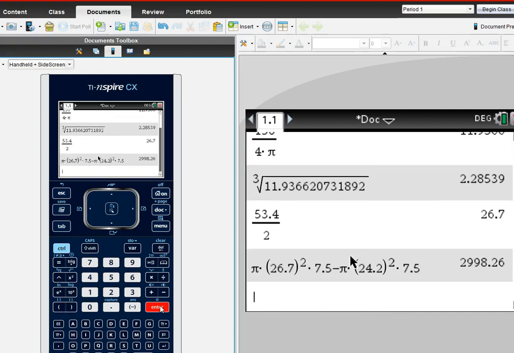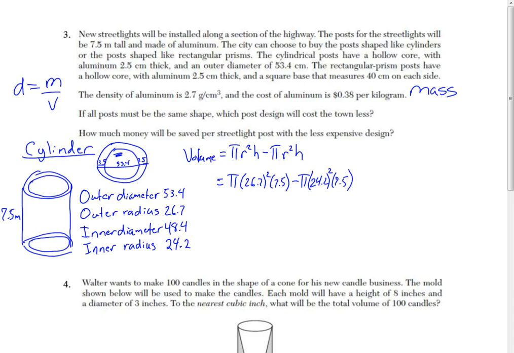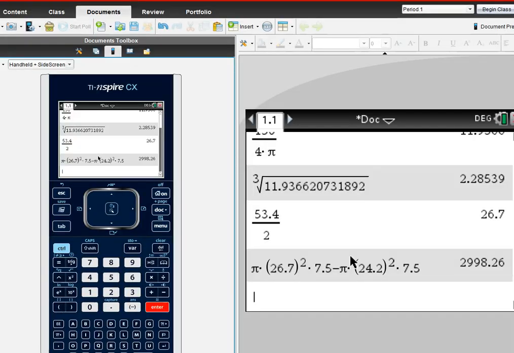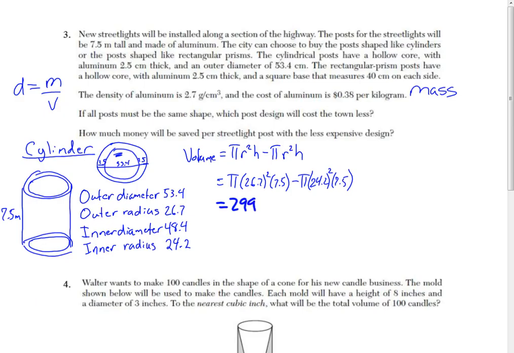And we get 2,998.26. And this dimension is centimeters.